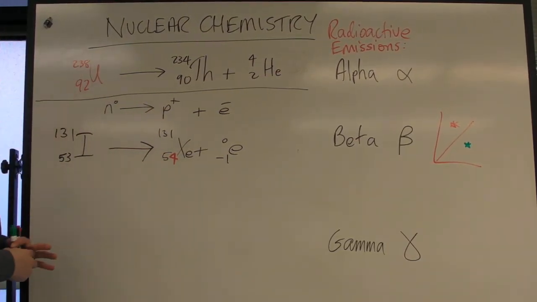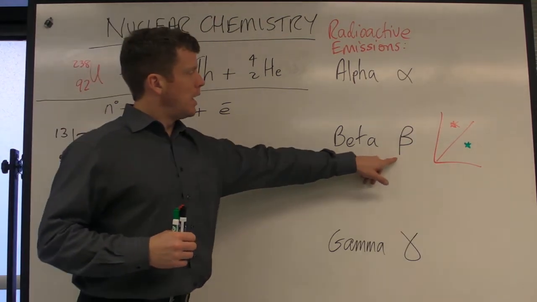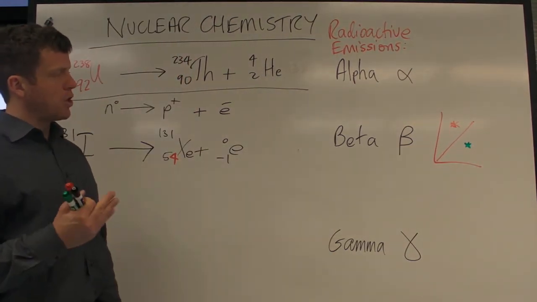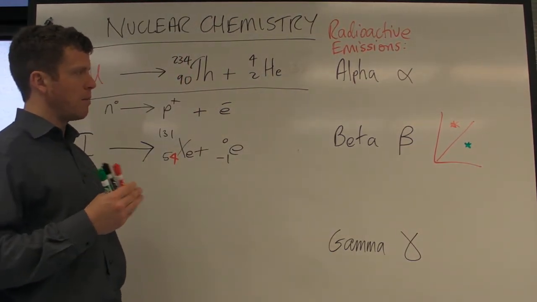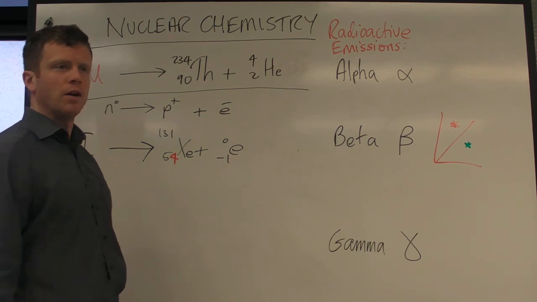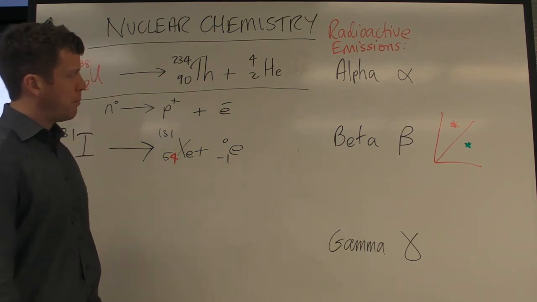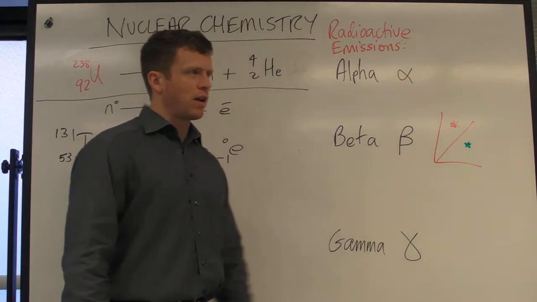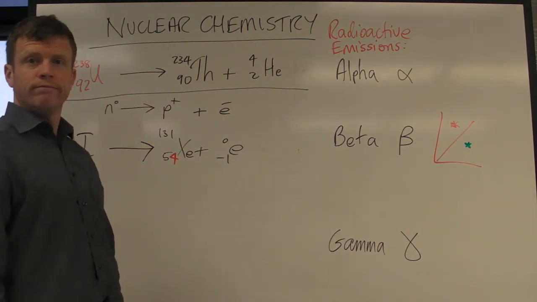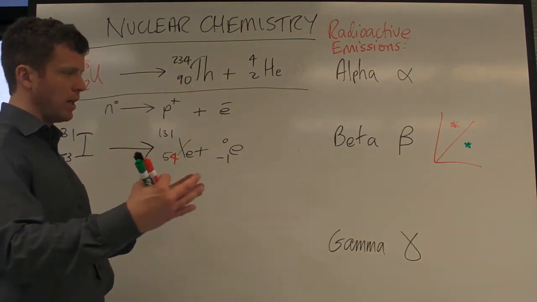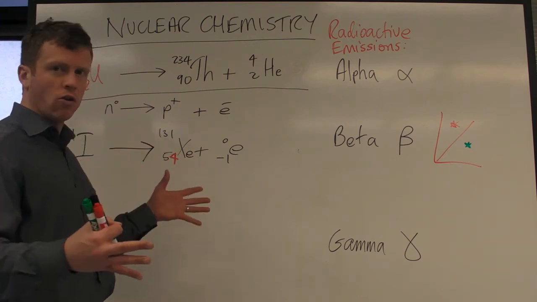So before I do that, beta radiation or beta emission can probably penetrate through a big piece of wood, so maybe a tabletop. But gamma radiation could probably penetrate through a wall. You need a really thick amount of concrete.